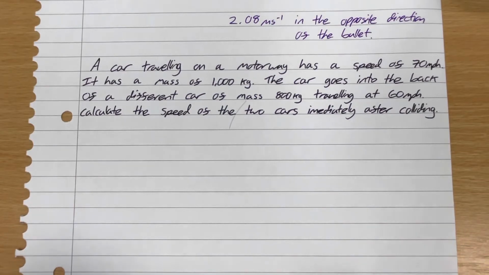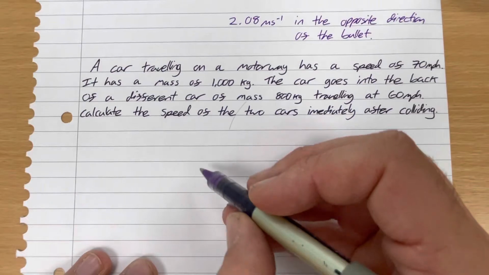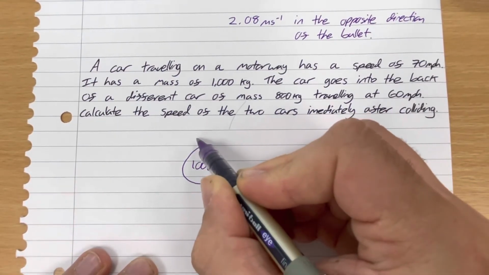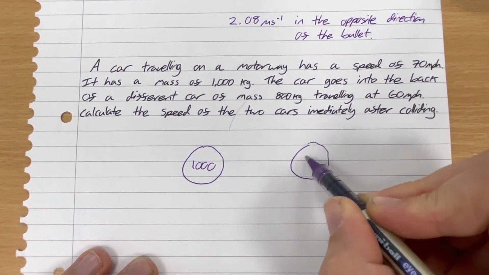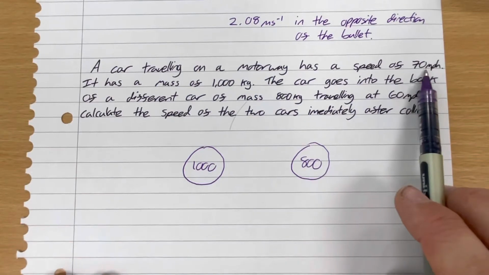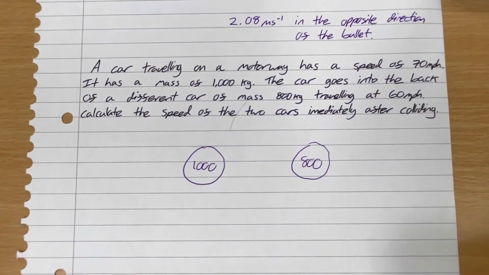So what we're going to assume is that these two cars are going to come together and then they're going to move off as one object. So the first car has a mass of 1,000 and the second car has a mass of 800. What we do need to do is convert the miles an hour to meters per second.